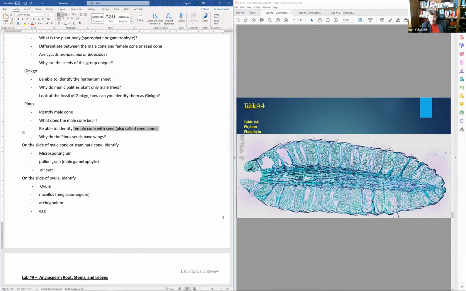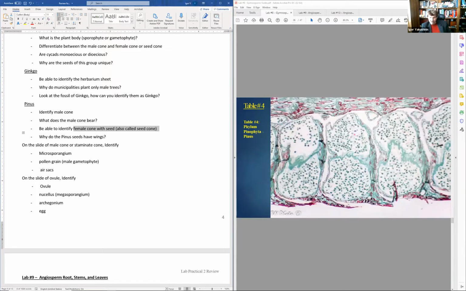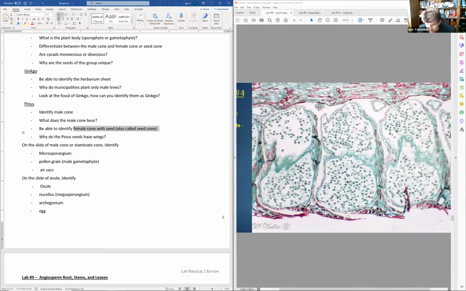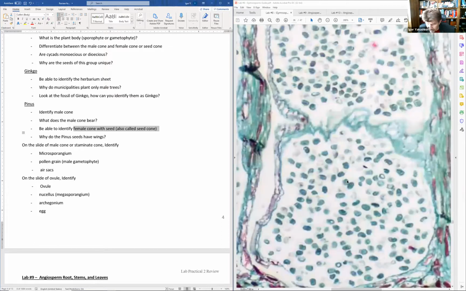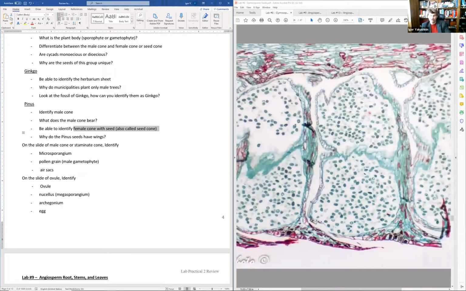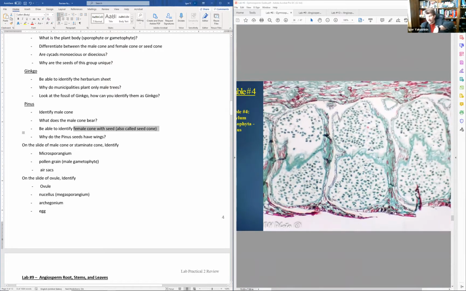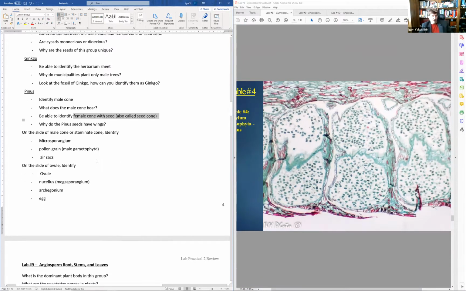Male gametophyte. And within the male gametophyte, you might see the air sacs. It's kind of hard to see because you need huge magnification, so it probably will not be on the lab practical, so you don't have to worry much about that.